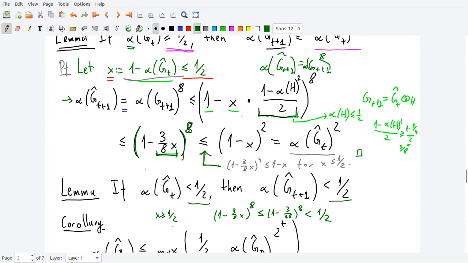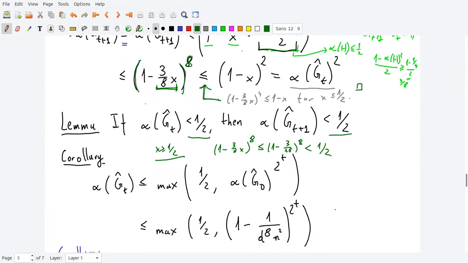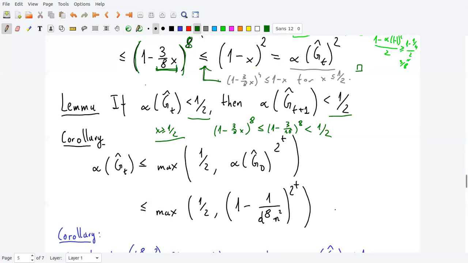So the same argument here, but with x at least 1/2, gives you the conclusion that if you are already below 1/2, then you stay below 1/2. Good. So this means, all in all, that during this process, I start with alpha which is very close to 1, but I iteratively get it smaller and smaller by squaring, up to the moment when it drops below 1/2, and from now on it will always be below 1/2.